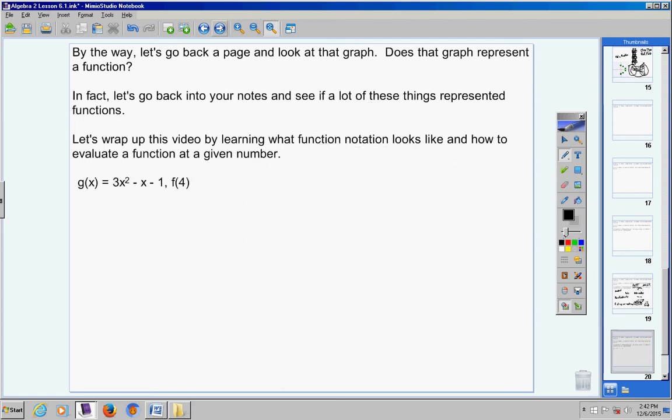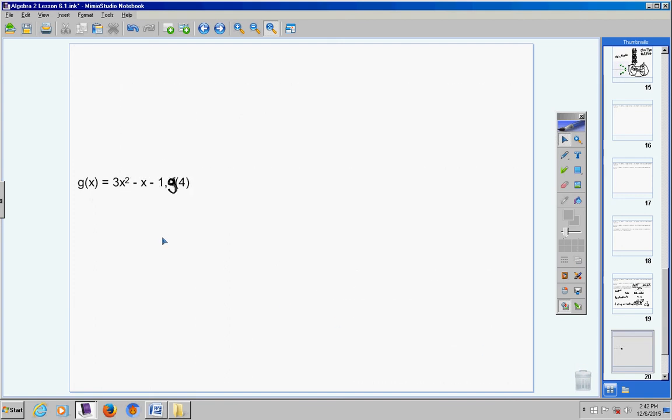Let's try 2 more of these. Alright, sometimes that should be a G right here. Sometimes functions are written as G. Okay? So we call this a G function, and we pronounce it G of x. And notice I want you to evaluate it at G of 4.